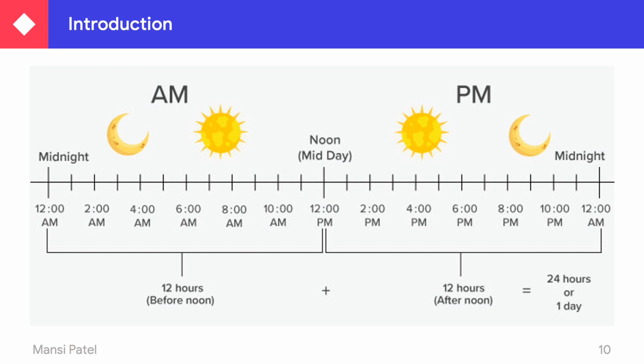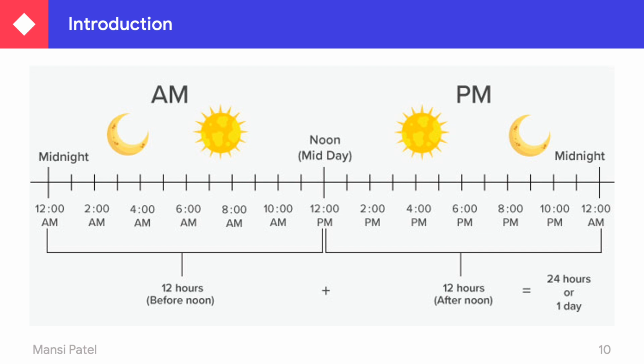So in these 12 hours, you use only and only AM. But after 12 o'clock till midnight 12 o'clock, the difference between these two times is also 12 hours. So in these 12 hours, you have to use PM.